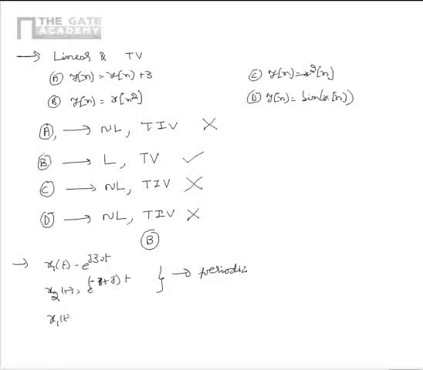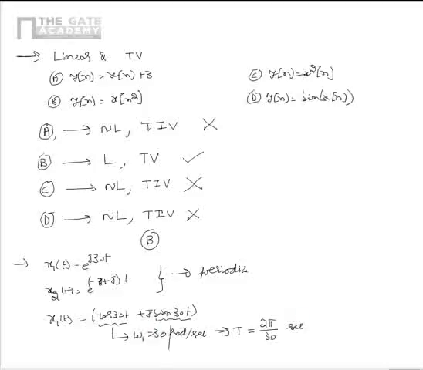The signal x1 of t can be written as e power j 30t, which can further be simplified as cos 30t plus j sin 30t. We see that cos 30t has an angular frequency of omega 1 equal to 30 radians per second. From this, the time period of the signal is T is equal to 2 pi by omega, that is equal to 2 pi by 30 seconds.